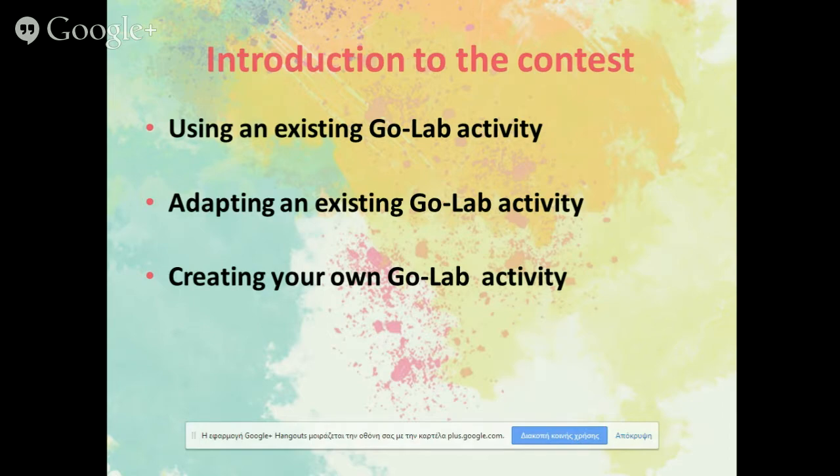Or if you're up for it, you can, of course, create your own activity from scratch. And I suppose it goes without saying, the deeper you go, the more points you get. You will get 1 point if you use an existing activity. You will get 3 points if you take an existing one and adapt it, and you will get 5 points if you create your own one. So the deeper you go, the more points you get, so the better chances you have to win.